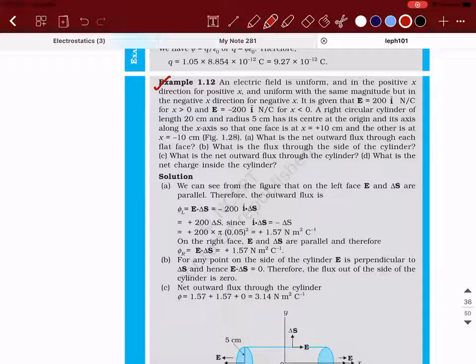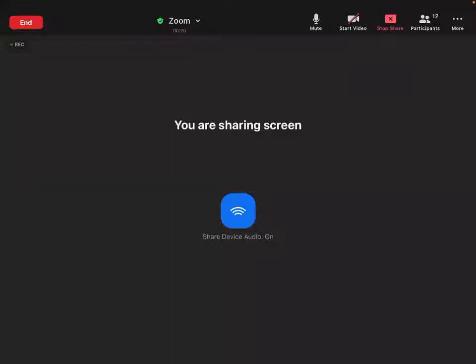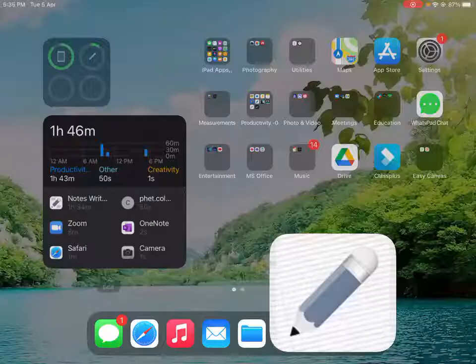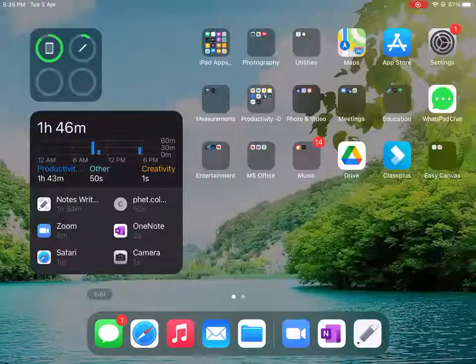Zoom got closed. Why is it not coming here?